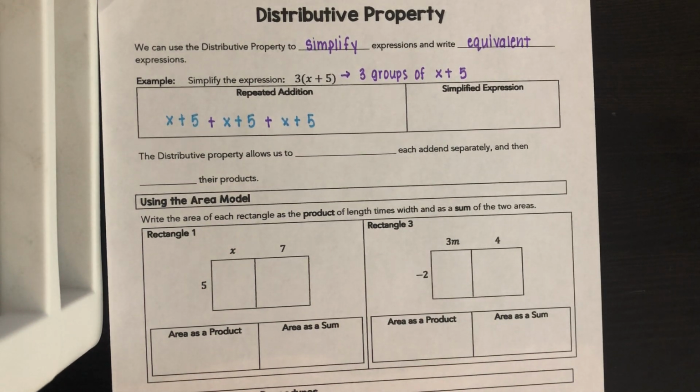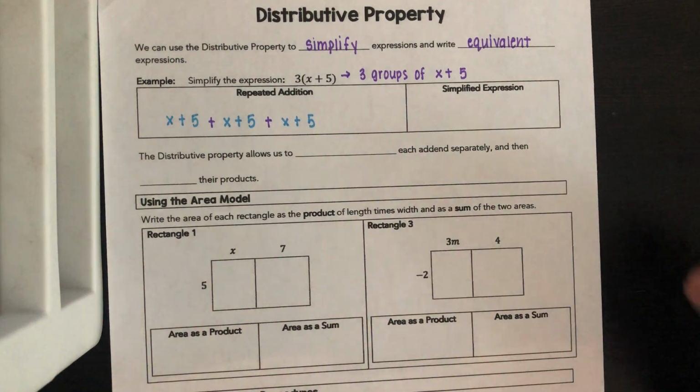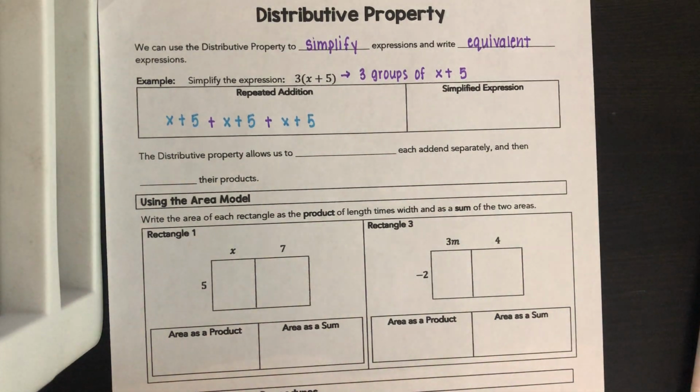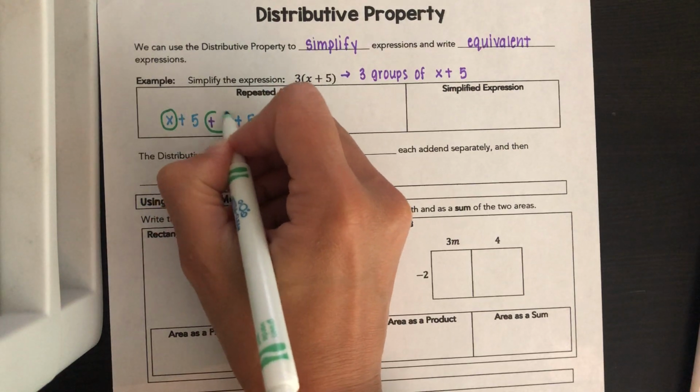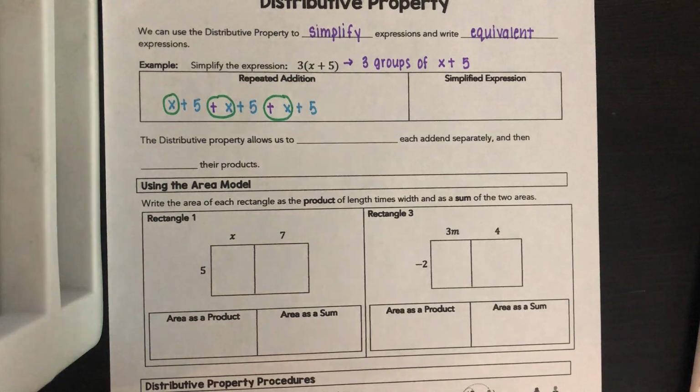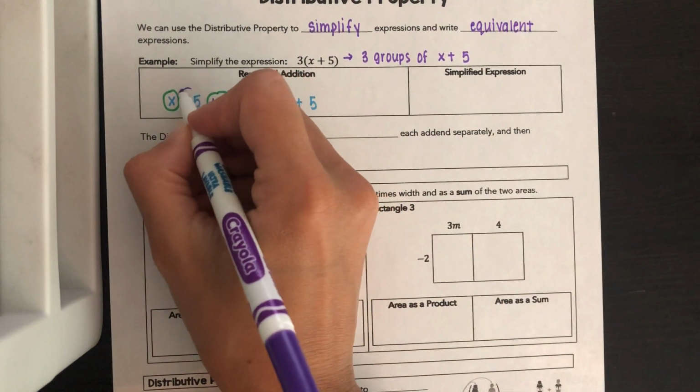When we look at this expression, we know it's definitely not in its simplest form, so we can use what we know about combining like terms to simplify. We can identify those like terms. We have our x's, and we've got our constants that we can combine.